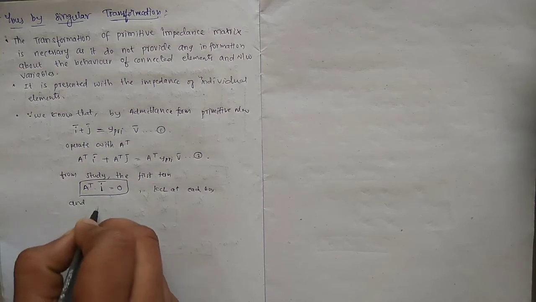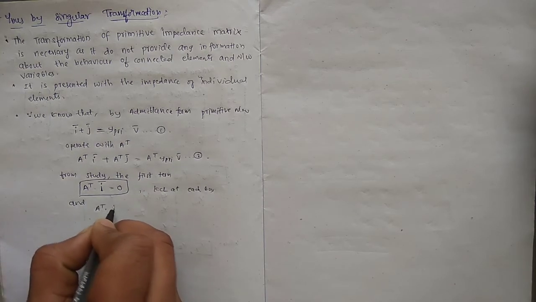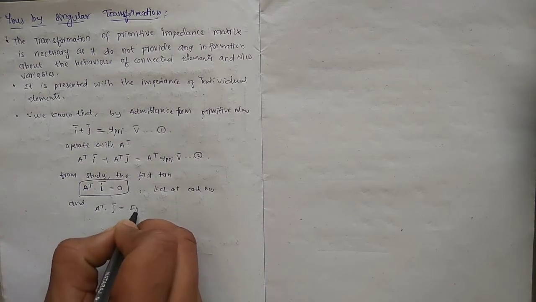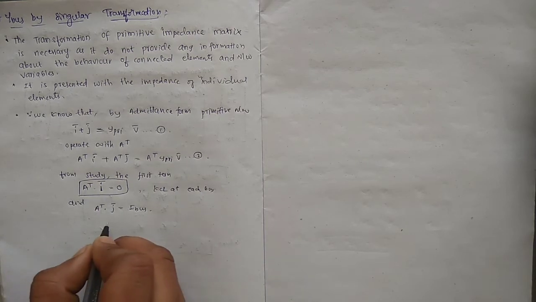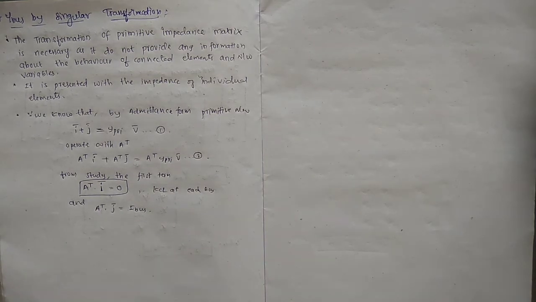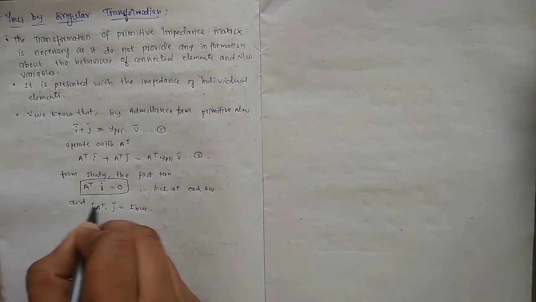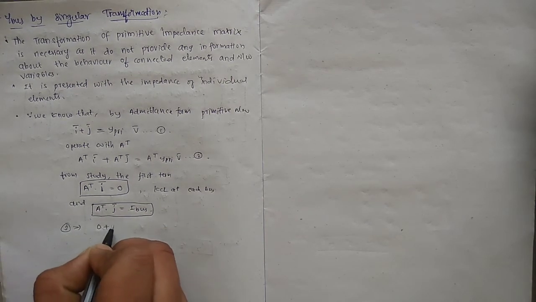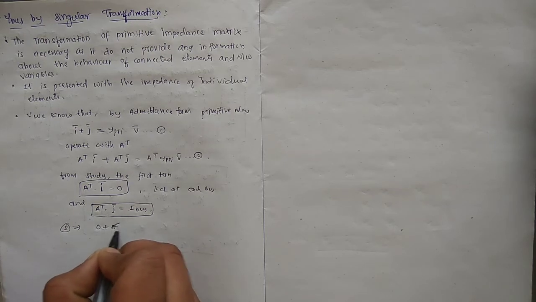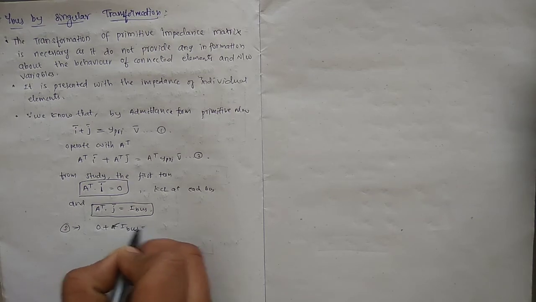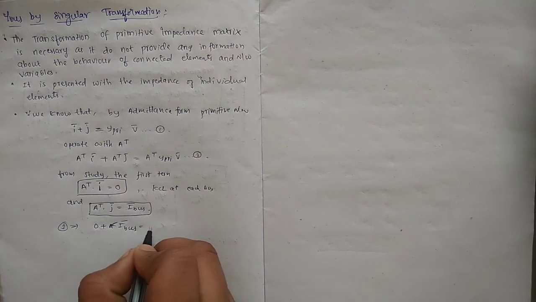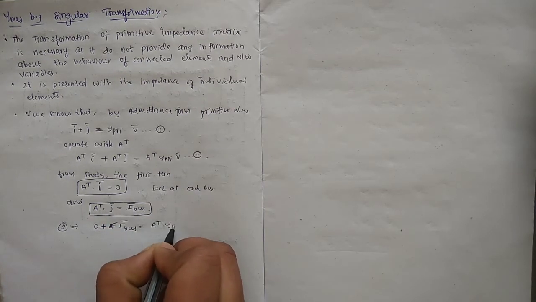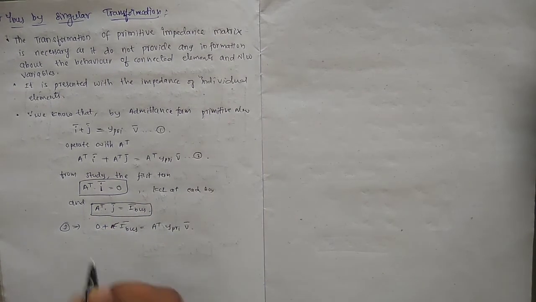And similarly we have A transpose into j vector is equal to I bus. Now equation 2 implies 0 plus I bus vector is equal to A transpose into y primitive into v bar.